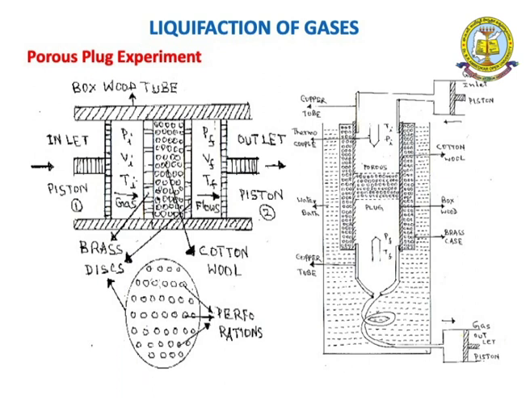Before the gas escapes through the porous plug, you can measure the temperature, the pressure and how much volume it occupies. Finally, after escaping it can be cooled down by a water jacket, that is, a water bath.